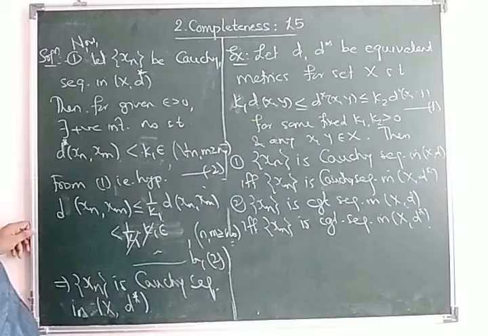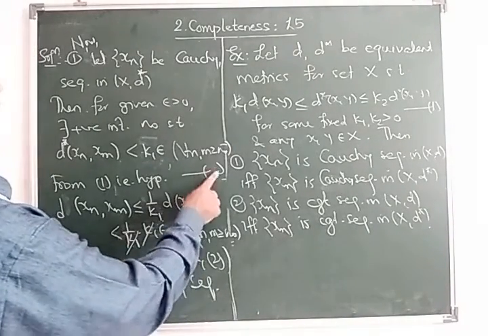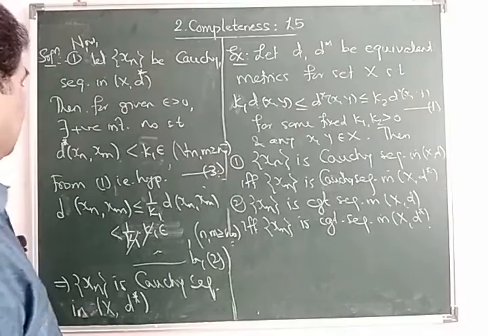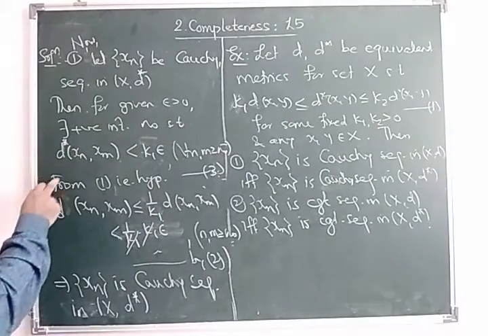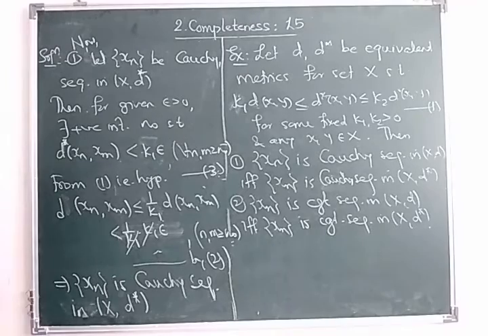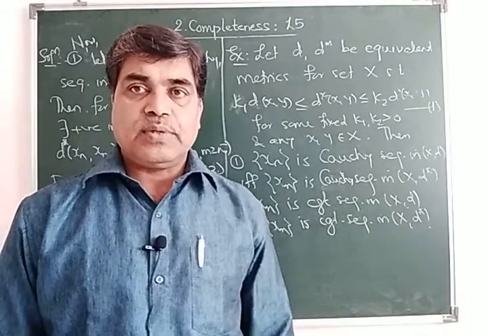This k1 gets cancelled. Okay, by 3. Here again from 1 and the hypothesis we get this, and therefore xn is Cauchy sequence in Xd.